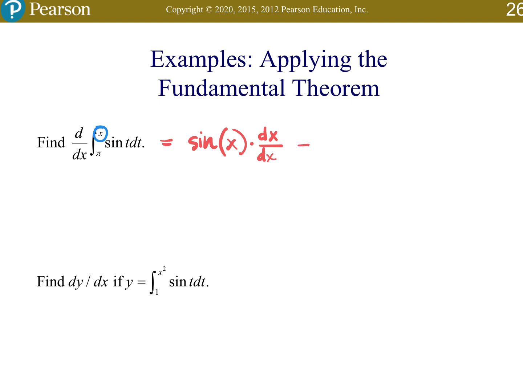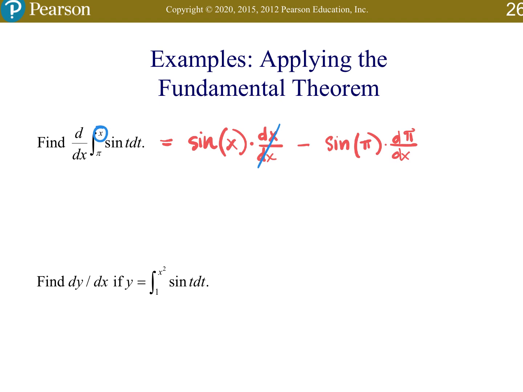Minus sine, and then what gets plugged in next? Pi. And then I have to remember it's d something, dx, and d what? d pi. Now, can that be simplified further? Yes. How? dx over dx is 1. Anything else?